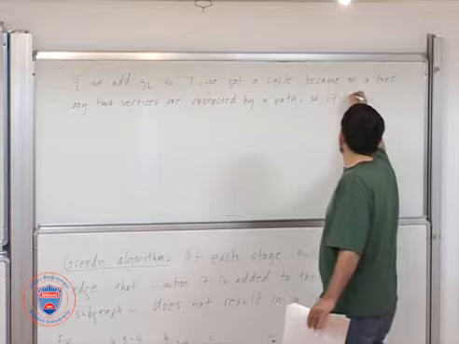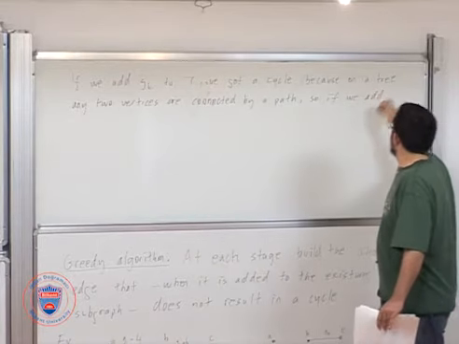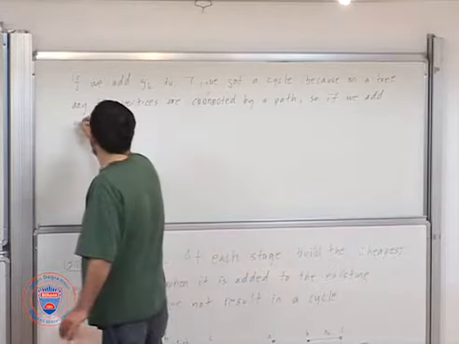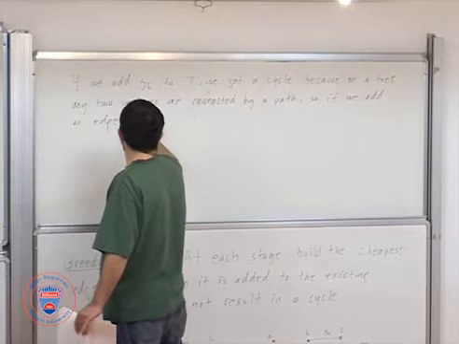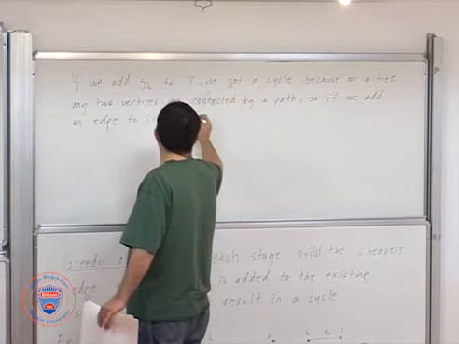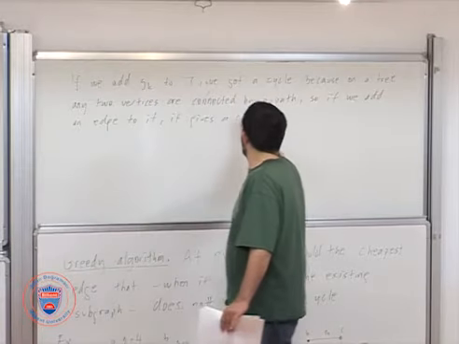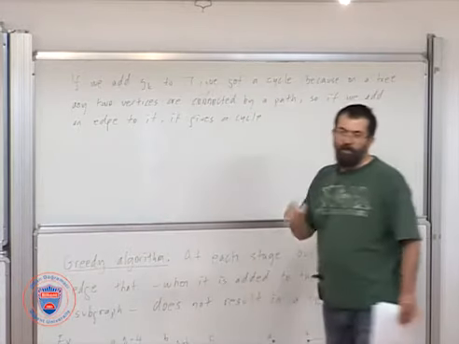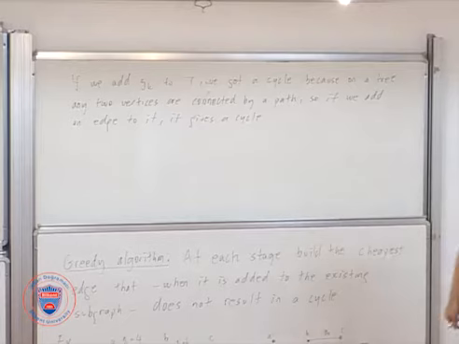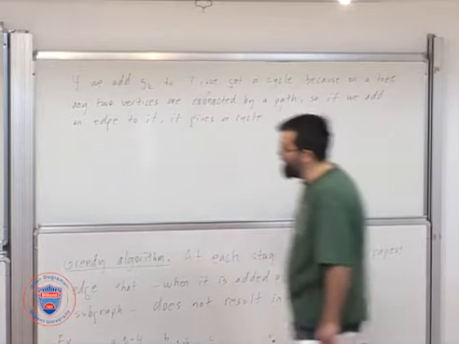So if we add an edge to it, it gives a cycle. Anytime you add an edge onto a tree, you get a cycle. Okay, so we got the cycle.